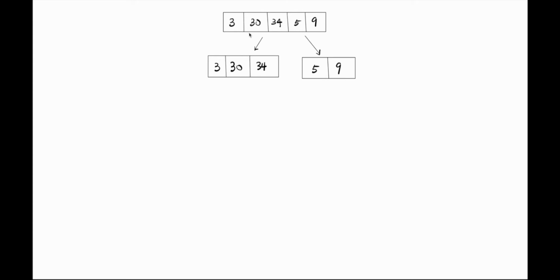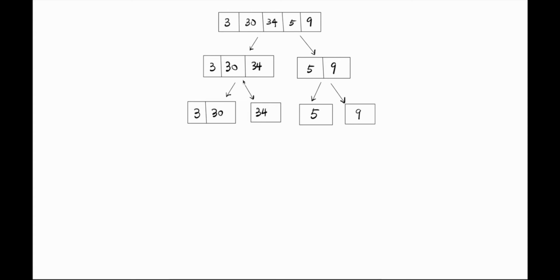So from 0 to 2 goes into this part, and all the remaining numbers go here. We split this array, so we get 3, 30, and 34, and from here we get 5 and 9.